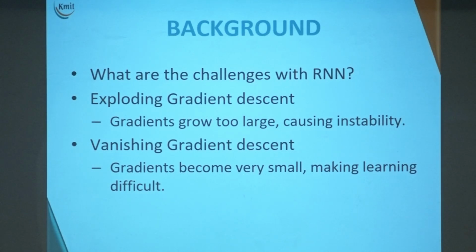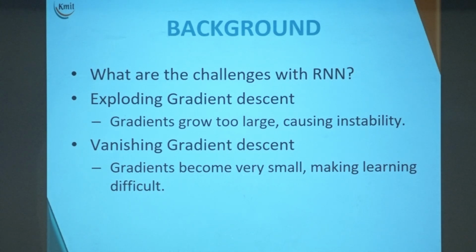Neural network is all about learning, all about updating. That's why you are going for back propagation. You want to update the weights and parameters so as to get a very optimized output. Till then you keep on updating.